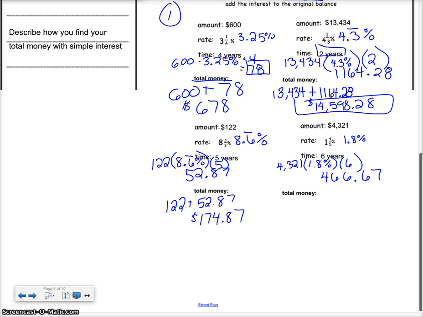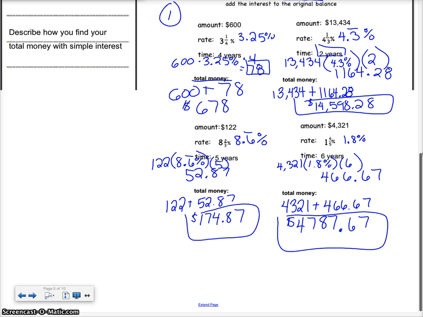So my total money is 4,321 plus 466.67. And that is the final balance of 4,787.67.